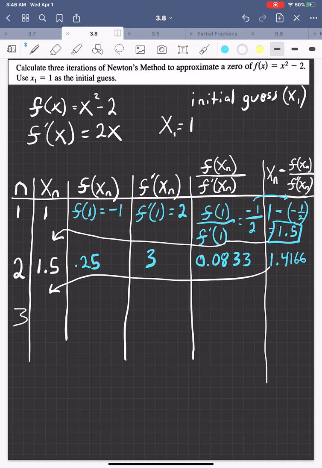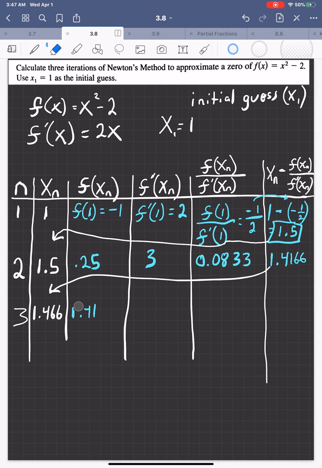So now your new guess is 1.4166. We're getting closer and closer to the true x-intercept. So let me now see if I can just fill in the rest of these values. So this would be 1.41. My apologies.